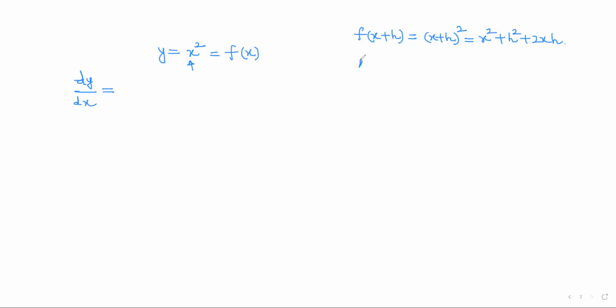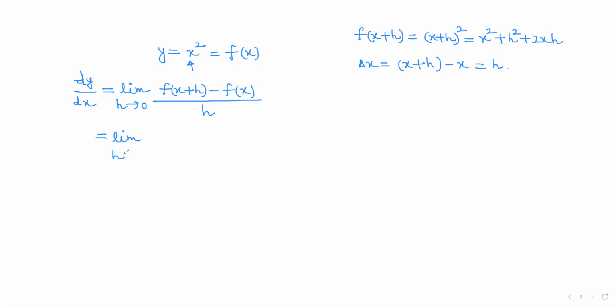Okay. Now what is the value of delta x? It's simply x plus h minus x. So it is h. So what is dy by dx? It's limit h tends to 0, f of x plus h minus f of x upon h. What is f of x plus h?